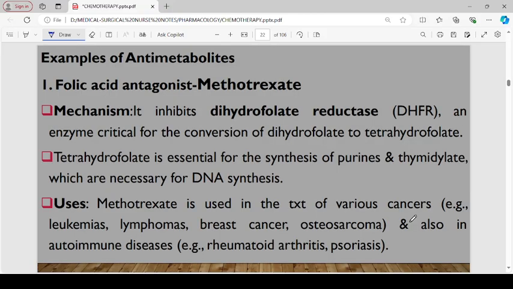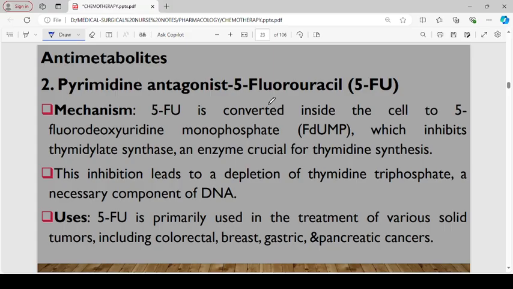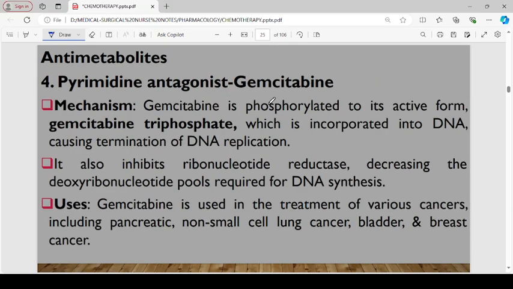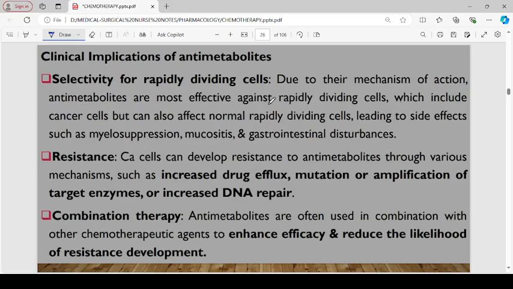So we have several examples like methotrexate, 5-fluorouracil, cytarabine, and gemcitabine. The clinical implication of giving these antimetabolites is that these drugs are very selective for rapidly dividing cells, and this makes them a perfect match for treating cancers, which mostly consist of rapidly dividing cells.